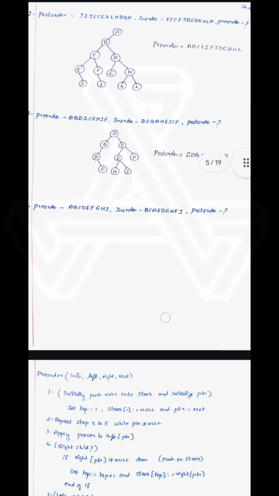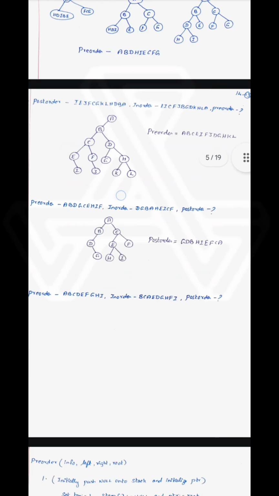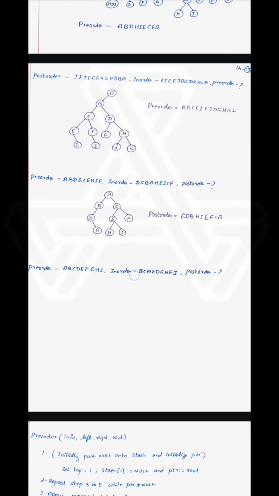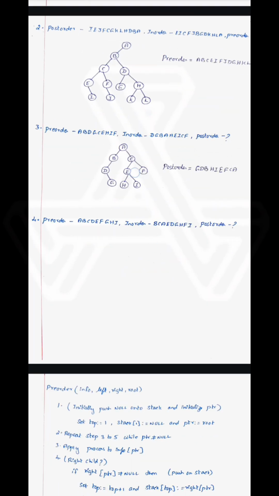And here they have given the pre-order traversal and the in order. We have to find the post-order traversal for that. Here for the above tree, the pre-order traversal will be A, B, C, E, I, F, J, D, G, H, L, K. Then for this, consider A as the root. On the left side of the tree there is D, G and B. So the next thing will be B, so we'll be putting B as the next node.